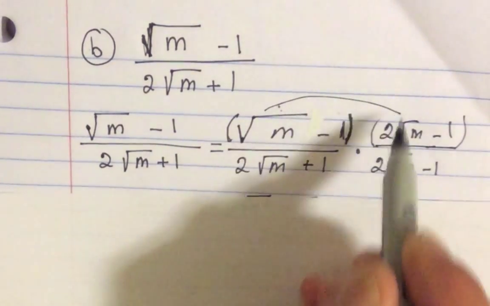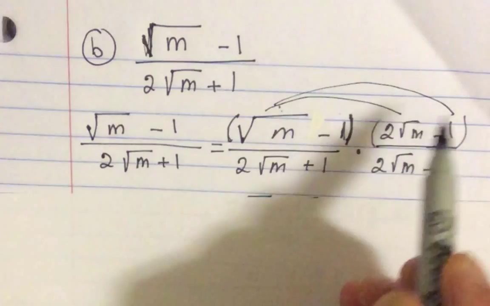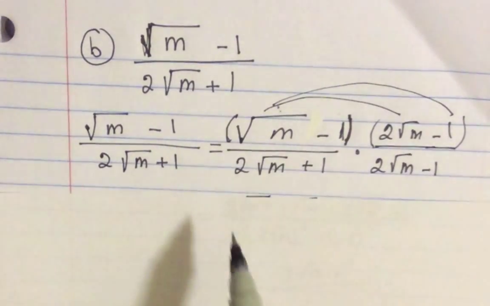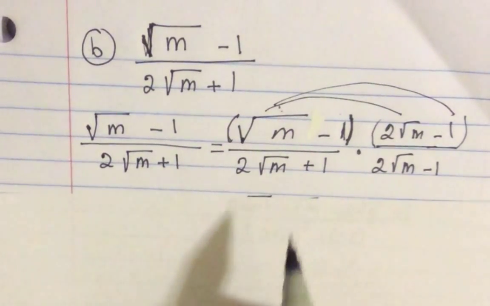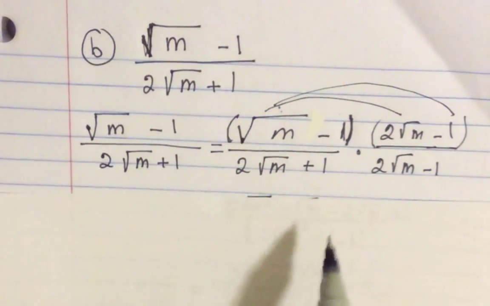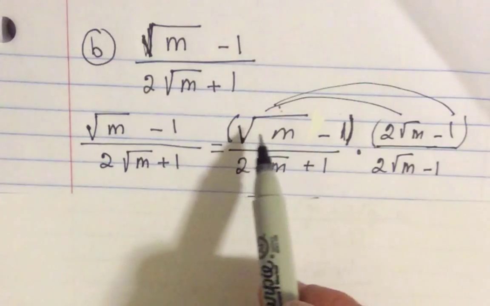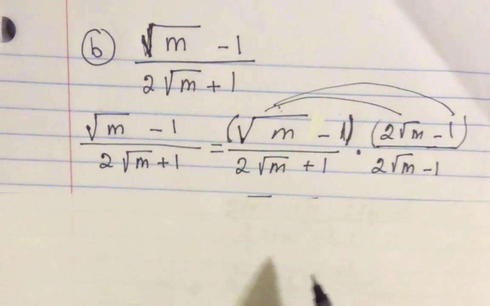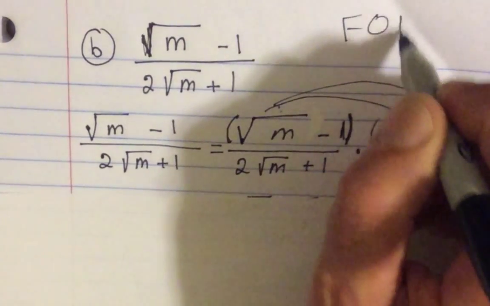FOIL: first times first, first times second, or outer. That's why we say FOIL, F for first times first, the O of the FOIL for the outer, outside, outside, then I, FOIL, F-O-I-L.